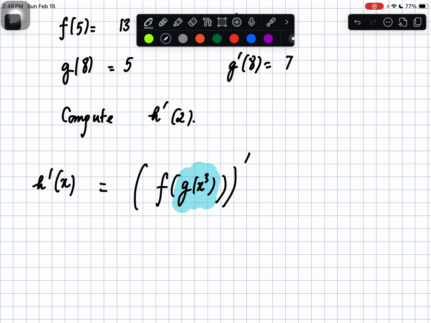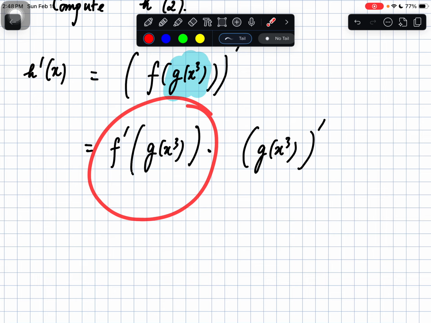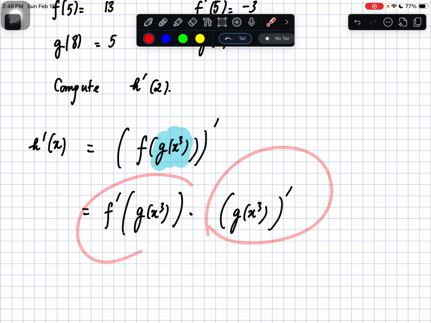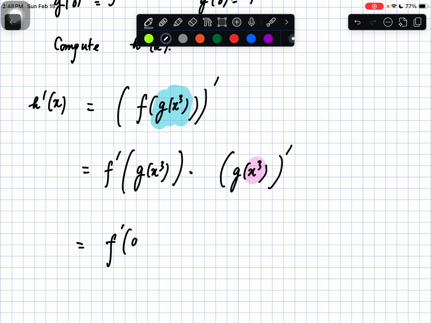So f' of the blue one times the blue one's derivative, (g(x)^3)'. Now this one you can just plug in x equal to 2. This one you need to use the chain rule again for this pink function: g' of the pink one and the pink one's derivative, f'(g(x)^3) times g'(x^3) times (x^3)'.